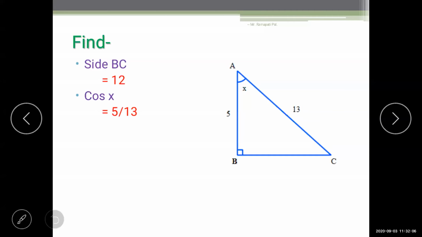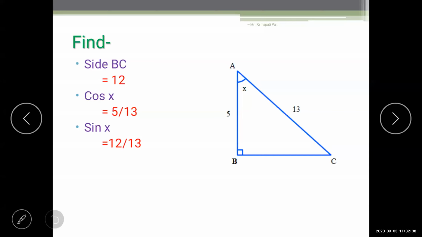Now tan x. Yes, Sneha, write the value fast. Find tan x fast. Okay, good.